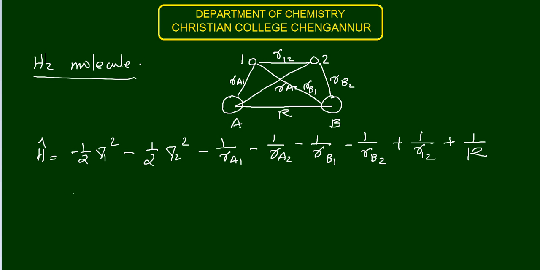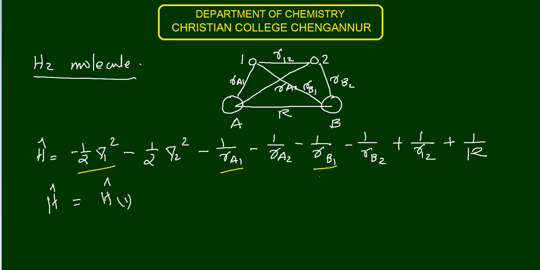again take this Hamiltonian as H cap is equal to H cap 1, where H cap 1 actually is, I will indicate those terms here. H cap 1 is minus half del 1 square, that is the kinetic energy operator for the electron 1, and then minus 1 by RA1, and then minus 1 by RB1.